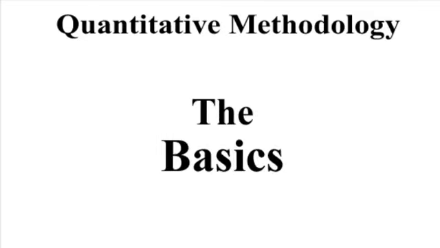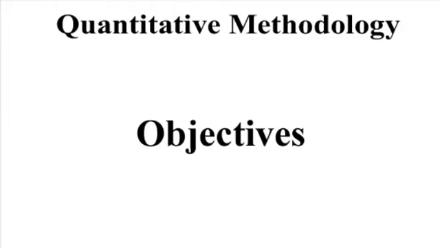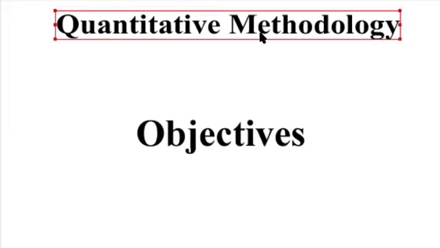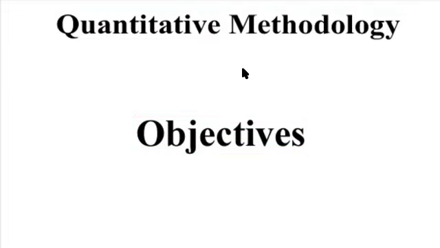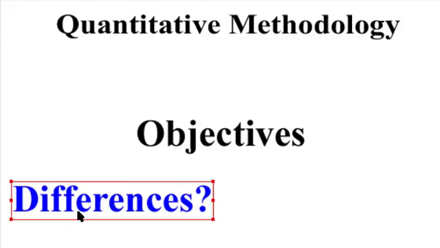Okay, so again, we're just going to go over the basics. And we always start with, what are you looking for? Those are what we call your objectives. Your objectives in quantitative methodology basically break down into one of two things. Statistically speaking, you're going to look for: are there differences between groups?